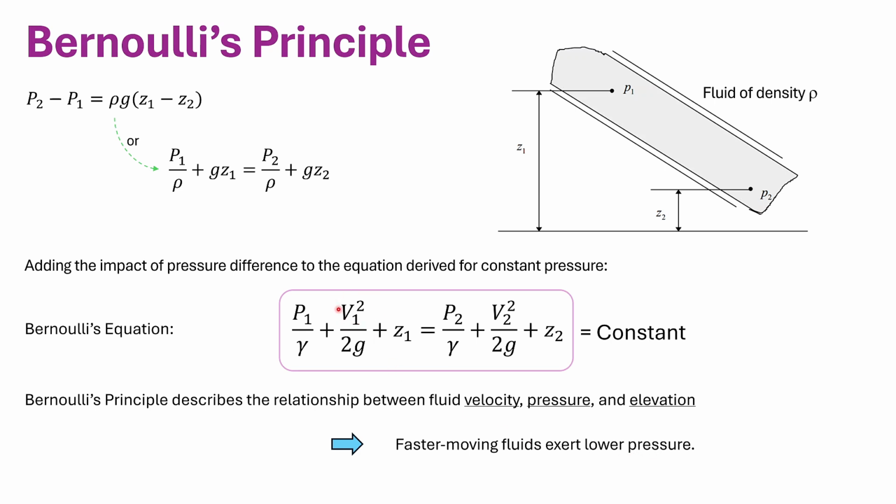So if on this side of the equation V increases, in order to balance the other side, P should go down. So higher velocity corresponds to lower pressure to keep this equation constant. So faster moving fluids exert lower pressure.